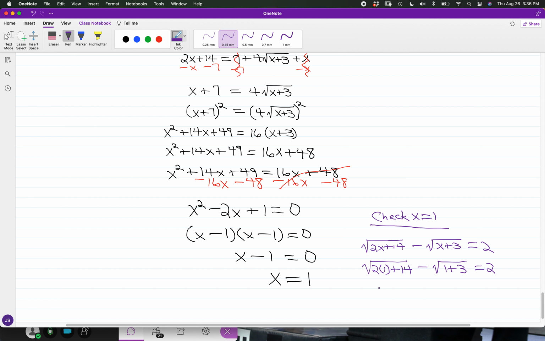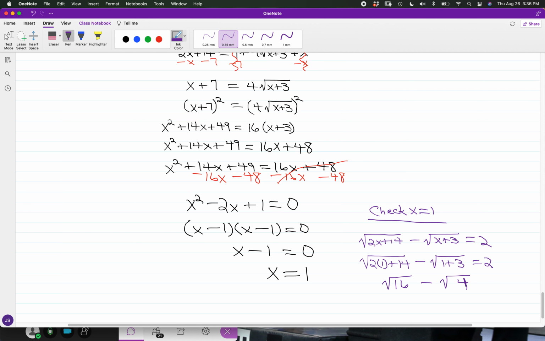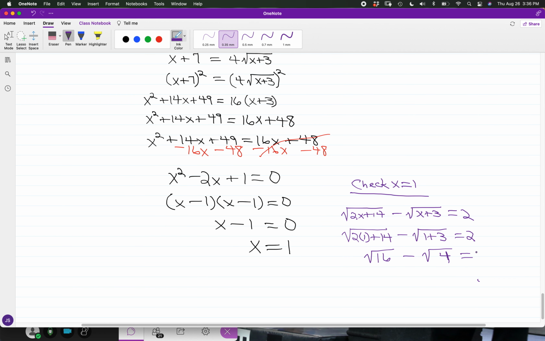So 2 times 1 is 2 plus 14, so we're going to have the square root of 16, minus the square root of 1 plus 3, which is 4. The square root of 16 is 4, minus, now the square root of 4 is going to be 2. And 4 minus 2 is equal to 2. And 2 is equal to 2, so x equals 1 is going to check out.